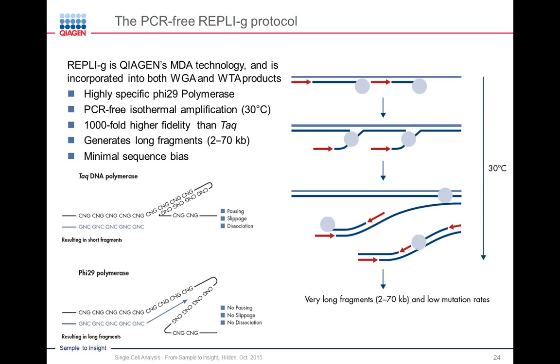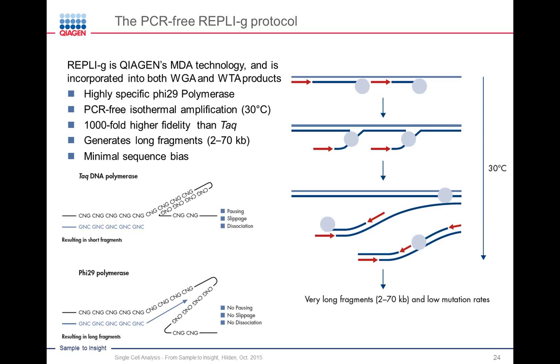This is an extremely important process. It needs to be error-free and have as much fidelity as possible. It needs to be a true and accurate representation of the genome of that single cell.